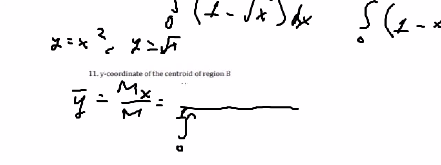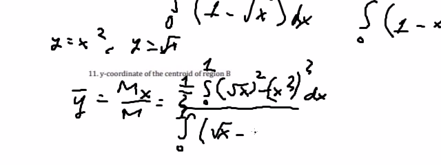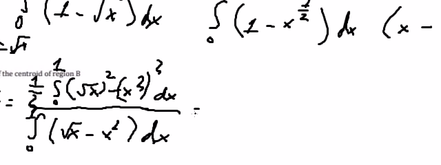So we have 1 over 2, the integral from 0 to 1, and we have the square root of s squared minus s squared to the power of 2 ds. This one you get the square root of s minus s squared ds. So we get the final answer.